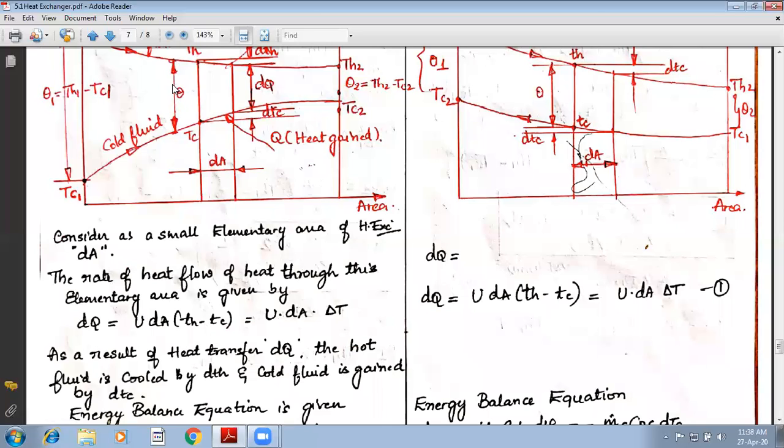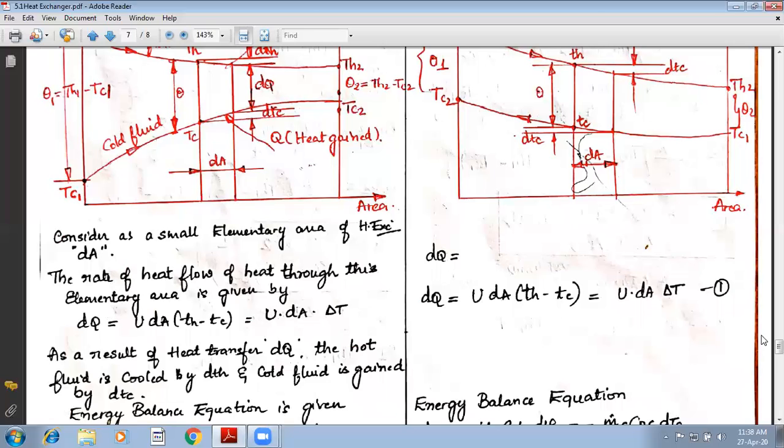Now we have considered this to be theta. Theta is equals to Th minus Tc, or I can consider that as delta T. Now del Q I can replace as U into dA into delta T, where U is overall heat transfer coefficient, dA is small elemental area, and dT is the temperature difference between the hot fluid as well as cold fluid.